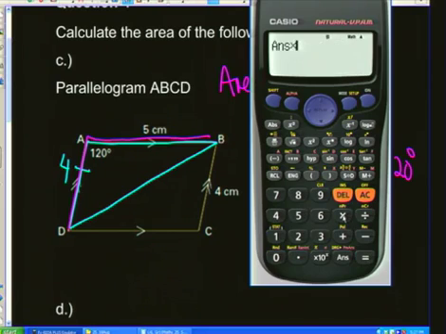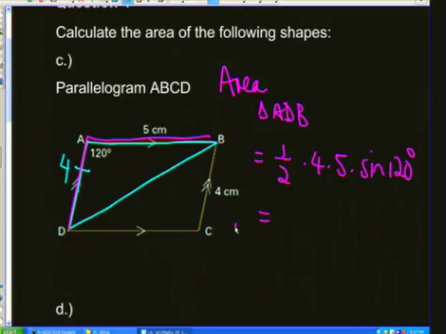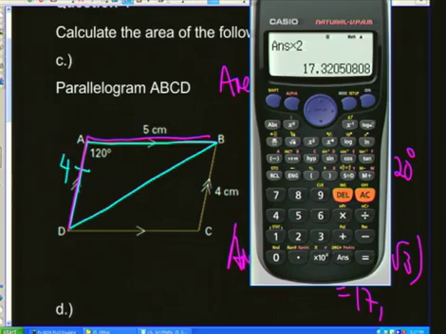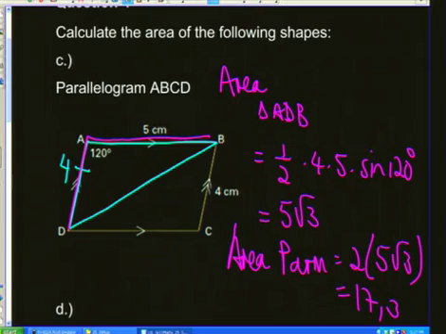So if I times that by 2, I get 10 root 3, which is 17,3. So the area of the parallelogram is twice 5 root 3, which is 17,3. And it's in squared centimeters.